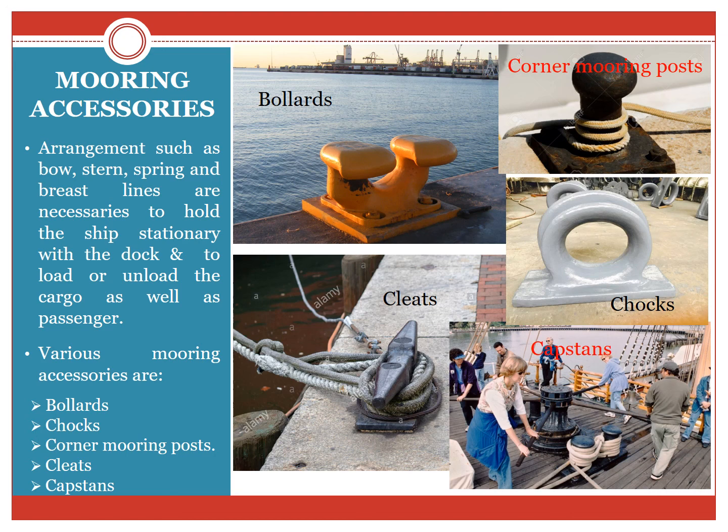These instruments are known as mooring accessories. Various types of accessories are bollards, corner mooring posts, chocks, capstans and cleats. So these help the boats to stay stable along the seashore.